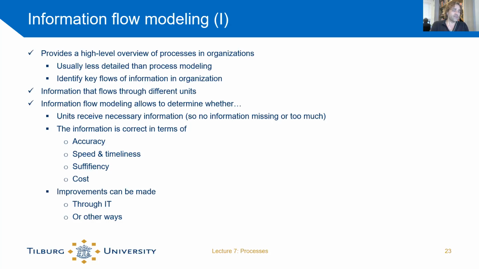We can determine whether the information is correct in terms of accuracy, speed and timeliness, sufficiency and cost. And we can see if we can make other improvements, for example, by redesigning the information flow, or we can use information technology for an information flow.